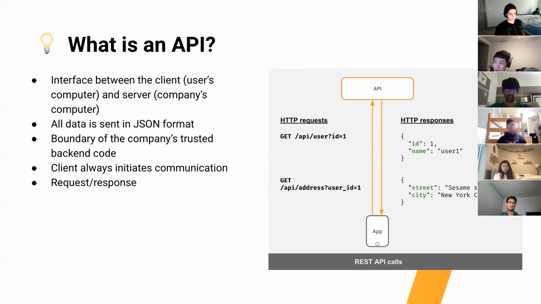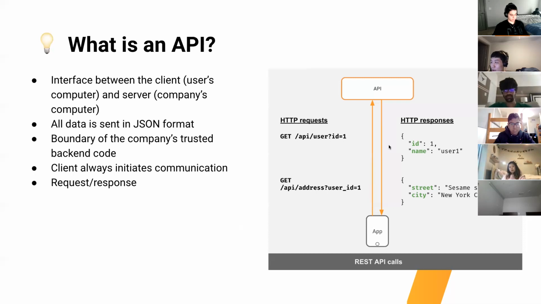The server is in some data center, owned by the company, serving up the back end of the app. They communicate through a request-response action. The app on the client sends a request to the backend server, and the backend server sends back the data that the client requested, and that happens over HTTP.